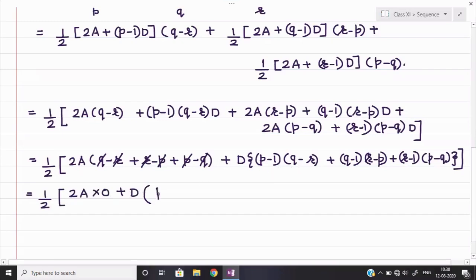So first one is PQ minus PR, then minus of Q and plus R, because minus 1 into minus R will become plus R. Similarly, now the middle two brackets I am multiplying, Q minus 1 and R minus P. So this will be minus PQ, because Q into minus of P will be minus of PQ.